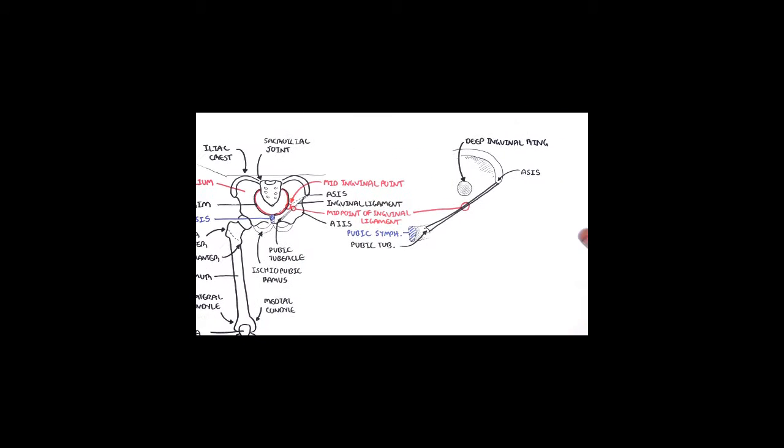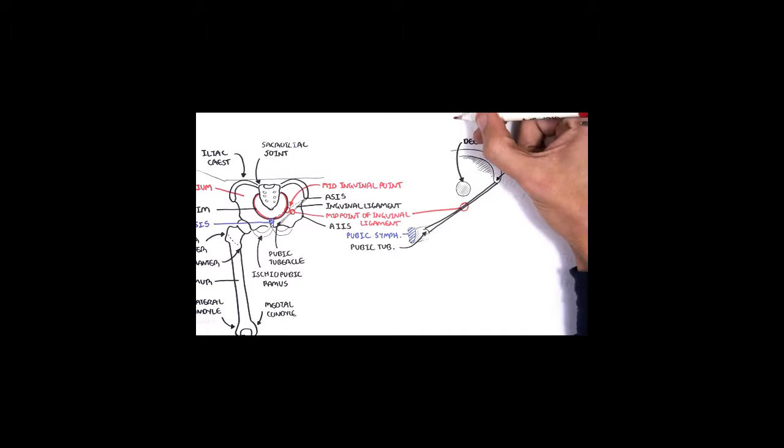The midpoint of the inguinal ligament is an important landmark because right above it, surgeons know where the deep inguinal ring is situated. So remember, at the midpoint of the inguinal ligament, right above it is the deep inguinal ring.